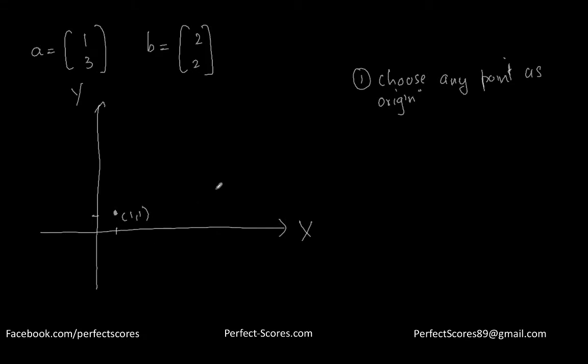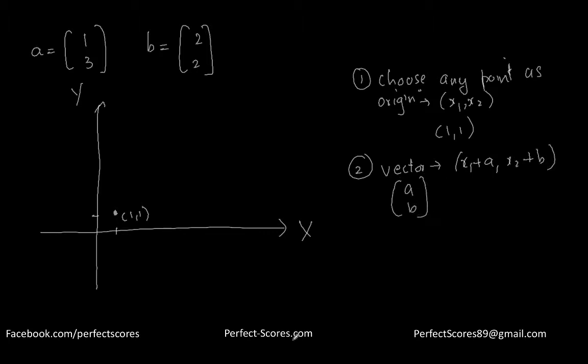Now, if you choose any point as the origin, let's suppose that point is (x1, x2). In this case, our point is (1, 1). Now your vector will go from (x1, x2) to (x1 + a, x2 + b), provided that the vector is (a, b).